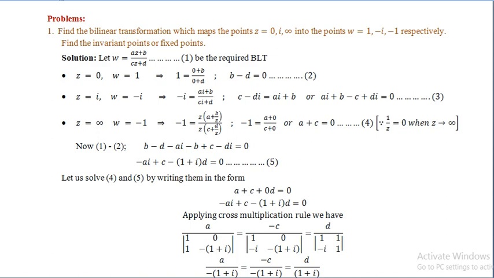Next we substitute Z equal to I and W equal to minus I. So minus I equals (AI plus B) by (CI plus D). Then again cross multiply these terms.